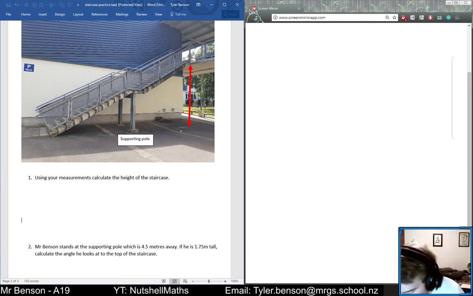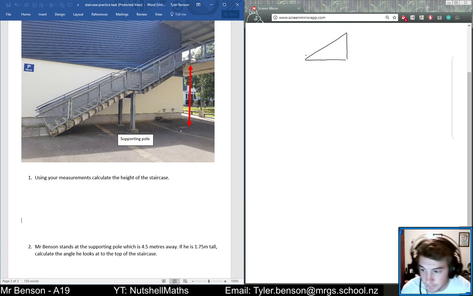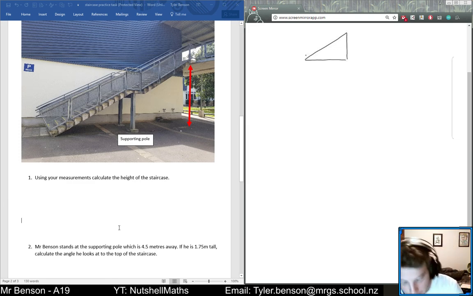Right. Let's draw the picture of what's going on. Okay, so we have a triangle here. Okay, let's sort this out. We have this triangle here, where I'm at the supporting pole, which is 4.5 meters away.